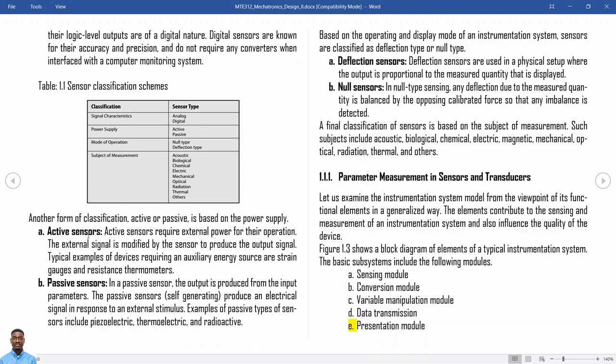Let me give an example so that we understand this kind of sensors. I don't know if you have worked with ultrasonic sensors before. An ultrasonic sensor is used to measure the distance between an object and the body that is carrying the ultrasonic sensor. It is used for collision detection in most cases.